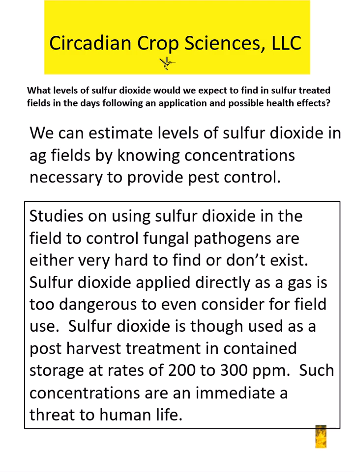Sulfur dioxide is, though, used as a post-harvest treatment in contained storage at rates of 200 to 300 parts per million. These are generally fairly brief exposures of just an hour or two. Such concentrations are an immediate threat to human life.